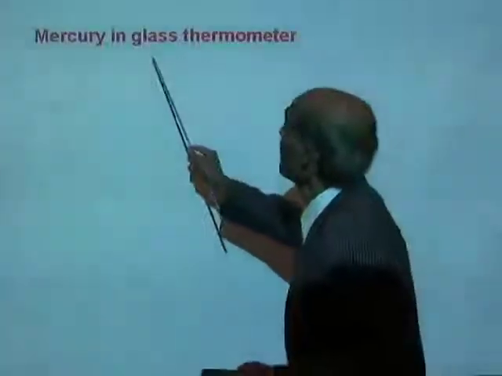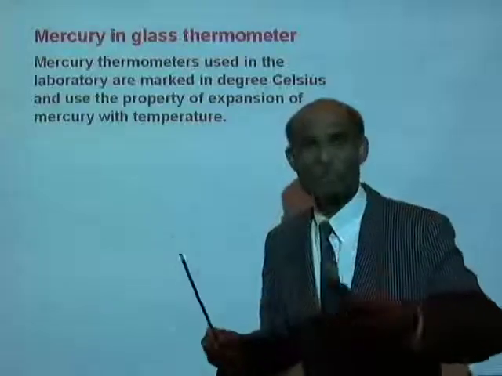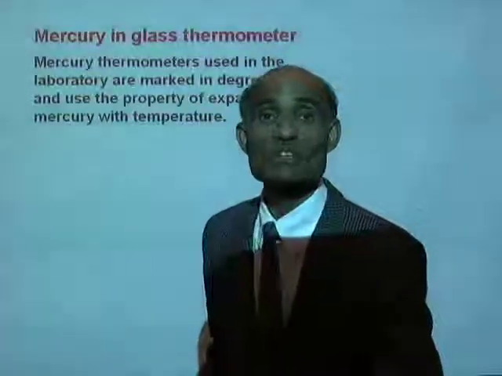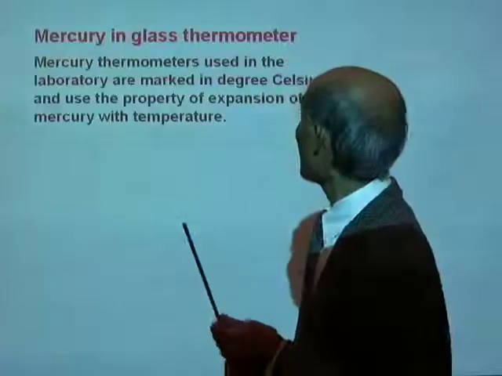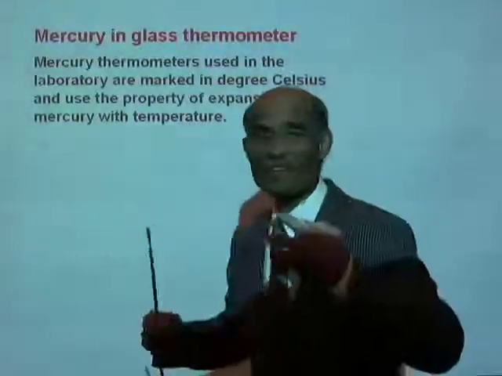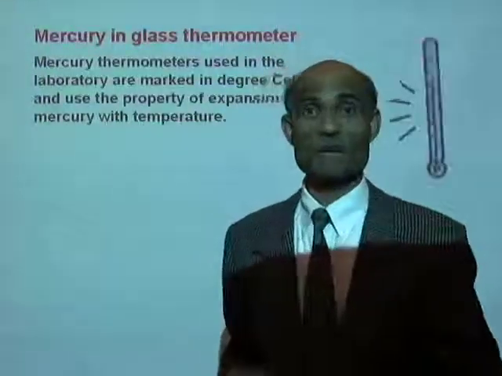All right, mercury in glass thermometer. Let's spend a couple of minutes talking about it. Mercury in glass thermometers are used in the lab very often, and they are marked in degrees Celsius and use the property of expansion of mercury with temperature. I just showed you that.